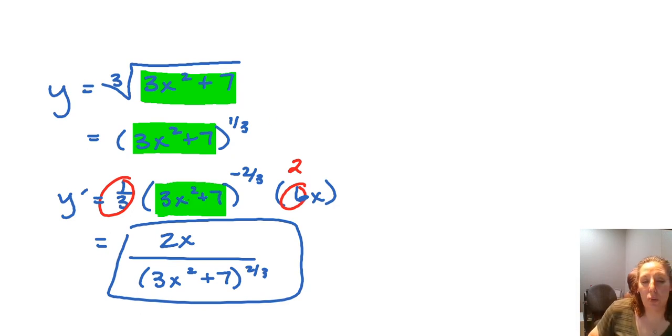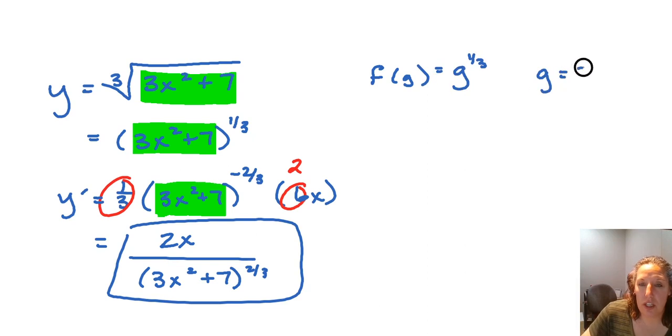Make sure that when you're doing this, and you may even want to split this up and write it as the f of g and then your g function. Your f of g in this case is g to the 1/3. And your g function is that 3x squared plus 7.